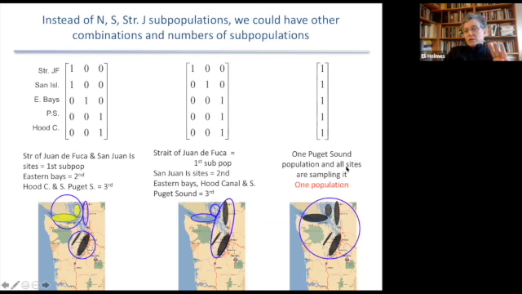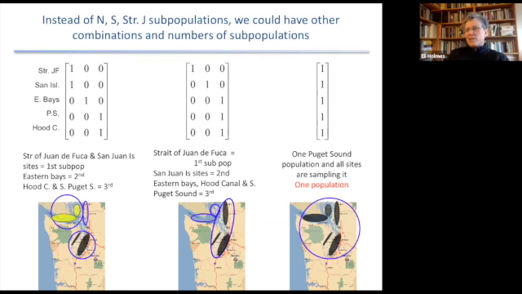And all these inland census sites are going to map onto an inland subpopulation. And another way we could think about it is that maybe there's just so much mixing. Maybe these harbor seals are just moving all over the place. Maybe they don't have any site fidelity at all, or not enough to create separate subpopulations. Maybe all of these inland waters are basically acting as one population, and all these sites are censusing that one population.